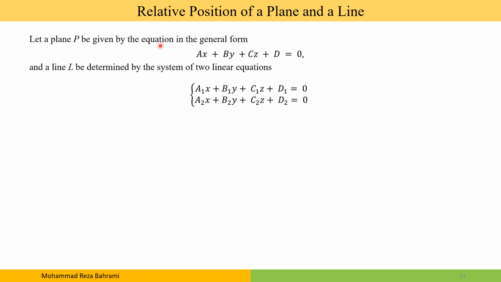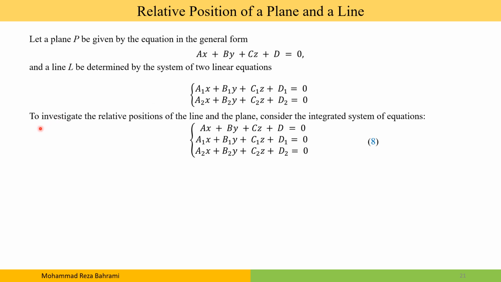Here in this part, we will consider the relative position of a plane and a line. So let plane P be given by this general form, and the line be determined by the system of two linear equations, as you can see here. To investigate the relative position of the line and plane, we integrate these two systems into one system of equations.